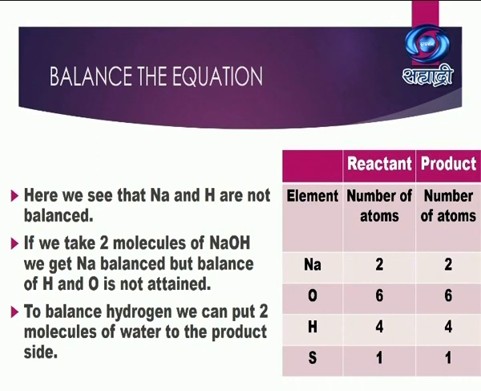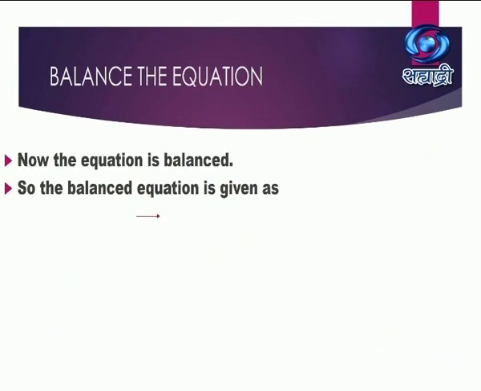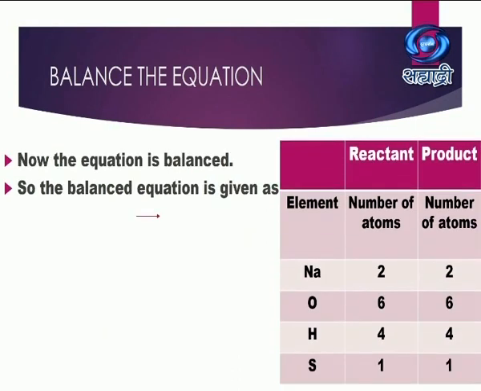Then the reactant side atoms and the product side atoms could be balanced in this way. So the reaction can be given as 2NaOH plus H2SO4 gives Na2SO4 plus 2H2O.